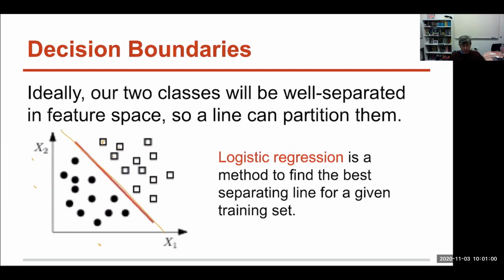What happens to the separator when I give you a positive example out here, one that we really know is super positive? Should this change the boundary?